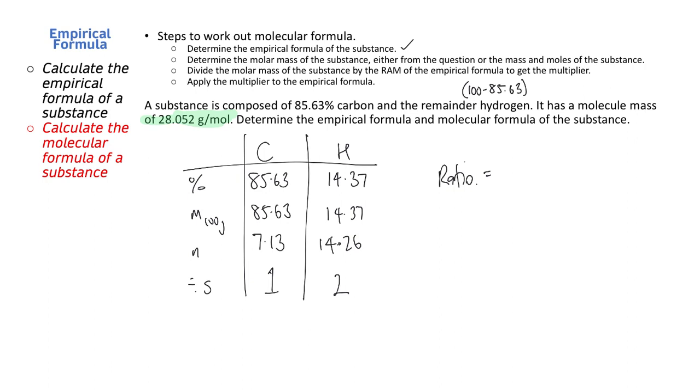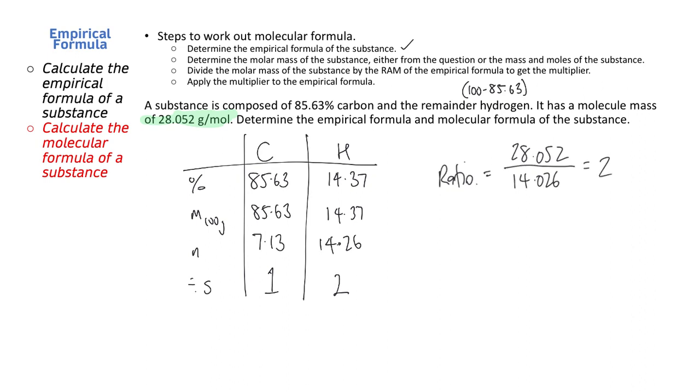The 28.052 is the relative atomic mass of all of the stuff, right? And then the relative atomic mass, or the RAM, of the empirical formula is going to be equal to 14.026, which happens to be 2.